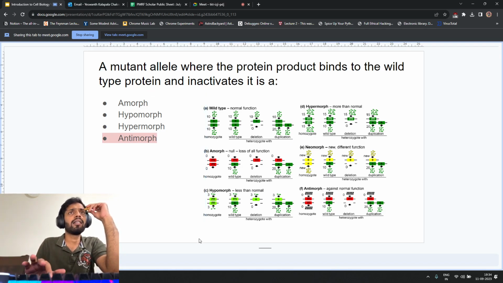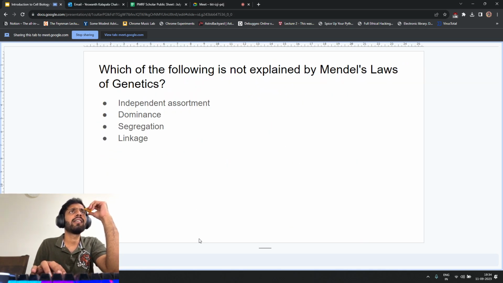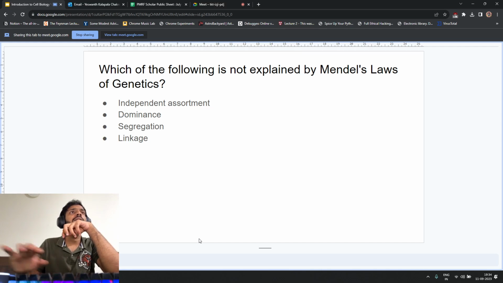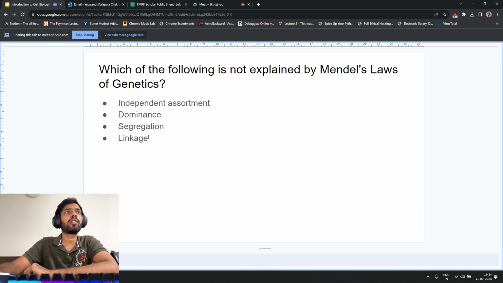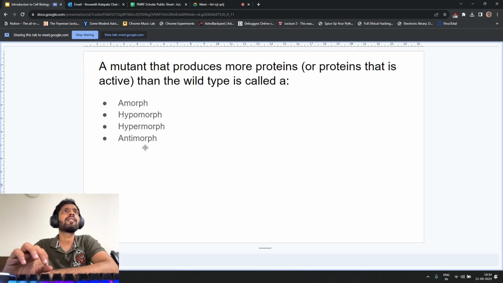Okay. So I think we're at the end of the previous year's questions. For those of you that have joined late, essentially this week we've talked a little bit about genetics, wherein we've talked about linkage not being explained by Mendel's laws of genetics. In fact, it's one of the drawbacks of Mendel's laws. We also talked about the mutant varieties of proteins.